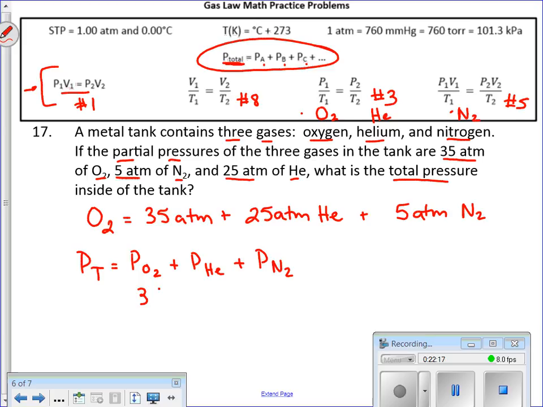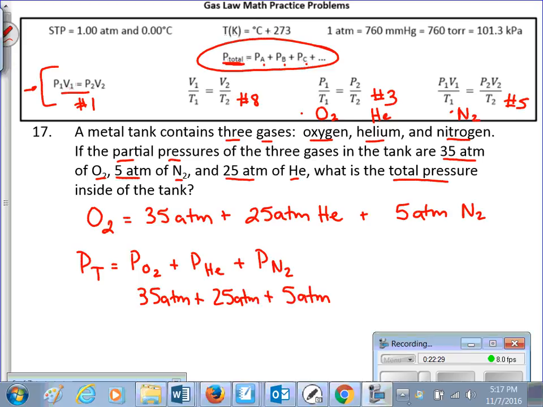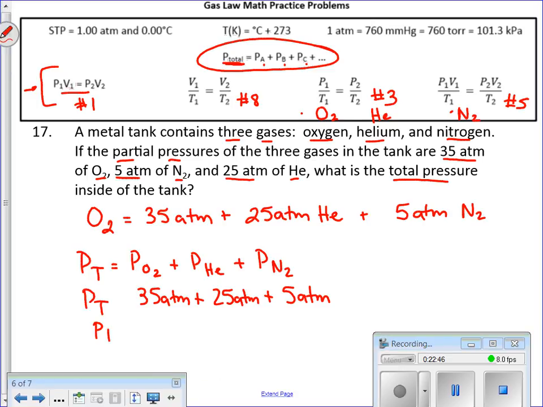So I have 35 atms plus the helium is 25 atms plus the nitrogen is 5 atms. So if I add those up, I will get the total pressure at 65 atms. So the individual pressures of each of those gases added up to the total pressure is 65 atms.